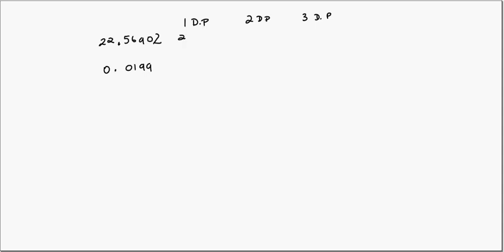Write that down, 22 point, and you would be tempted to write 5, but you don't write 5 just yet. You look at the number right next to the 5, which is 6. And that number is 5 or more. It's 6. It's greater than 5. So therefore, where we would be stopping, which is the 22.5, that 5 has to go up by 1 more. So that goes up to 22.6.